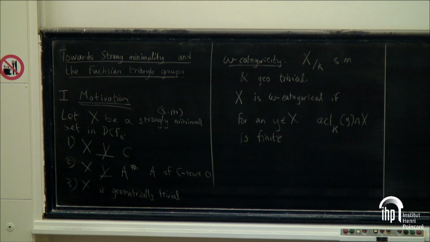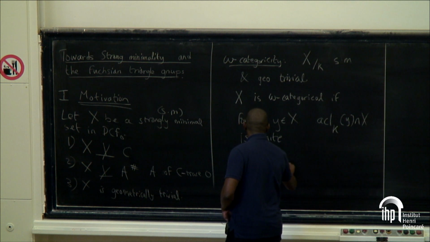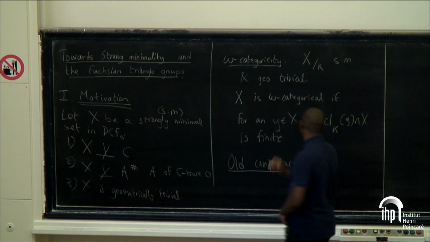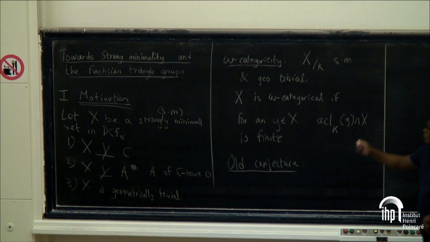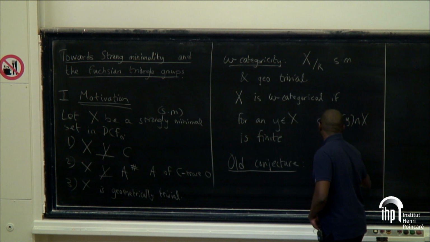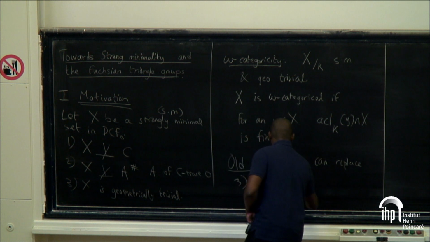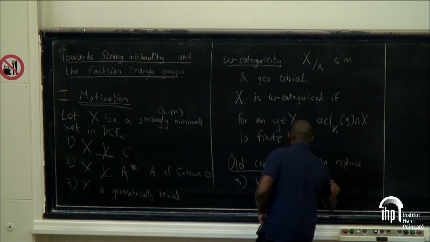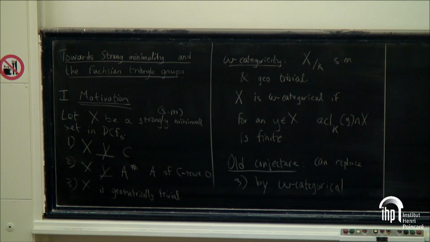And an old conjecture, which is now known to be not true generally, was that one can replace trivial here by omega-categorical. That also was mentioned. Rosłowski had shown that this is true for order 1 definable sets.